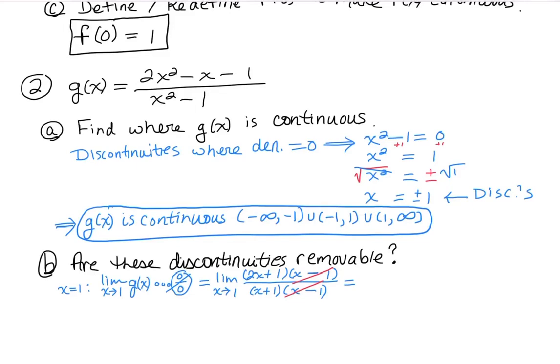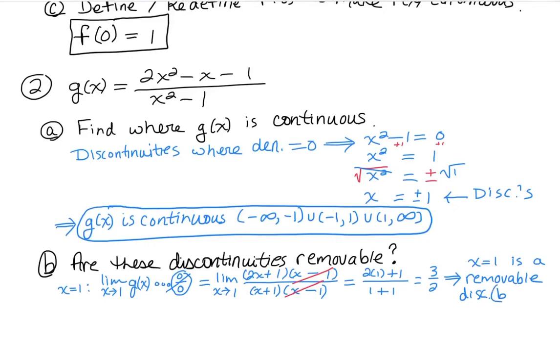So let's now evaluate as we sub in our 1. And so we're going to have 2 plus 1, 3 over 1 plus 1 is 2. So this implies, because the limit existed, that x equals 1 is a removable discontinuity.